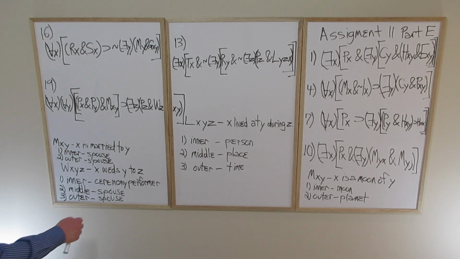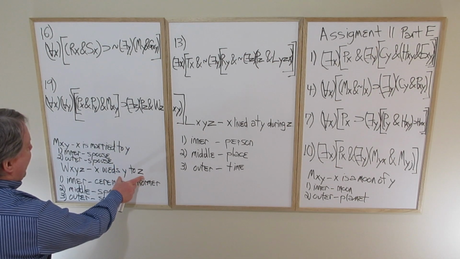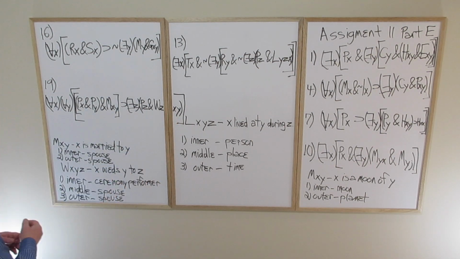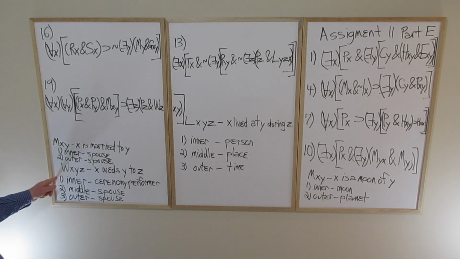Notice we don't have y and z for these two, and we don't have x in the innermost slot, because we're using z to refer to the ceremony performer, and we are using x and y, as we did in the two-place relation, to refer to the two people married.